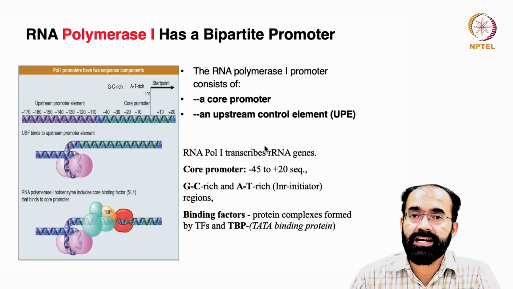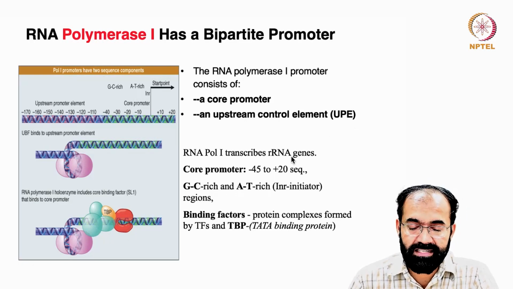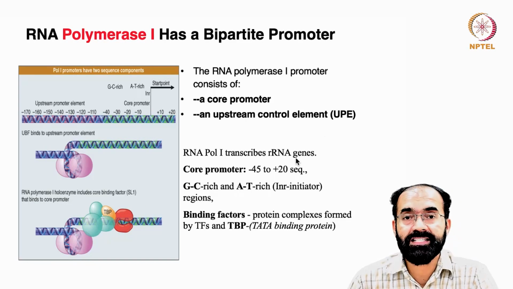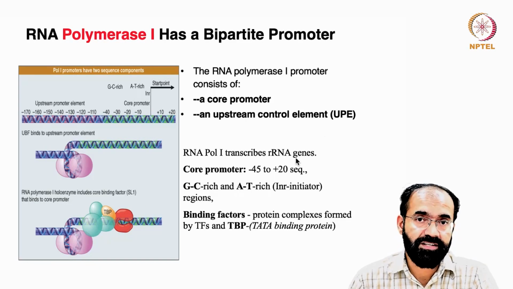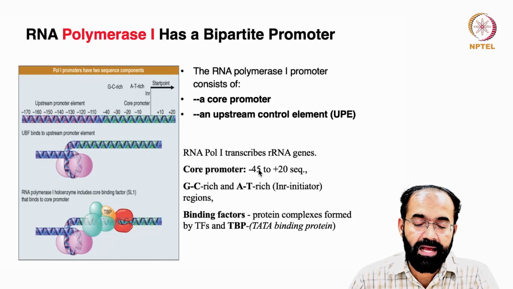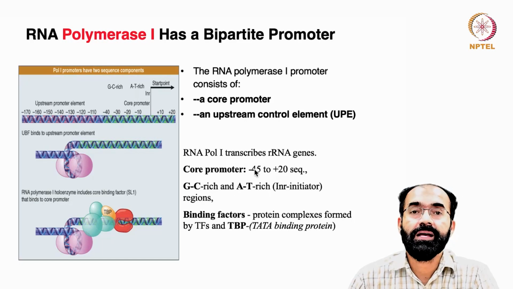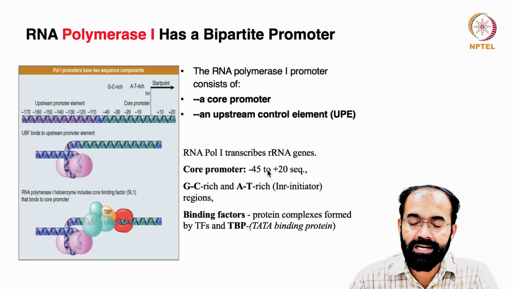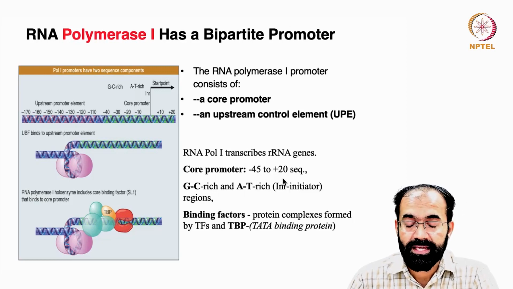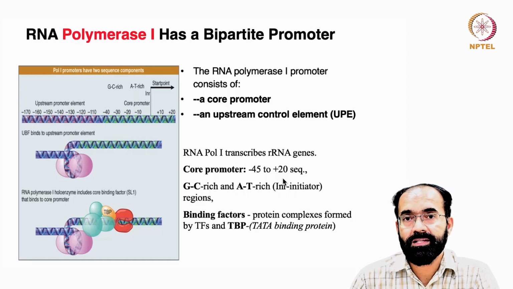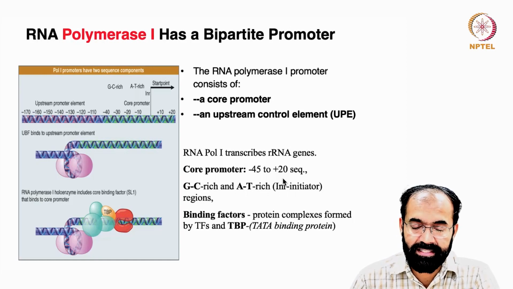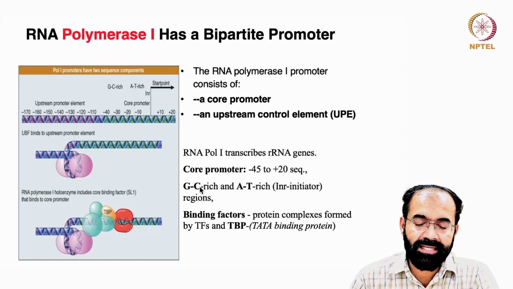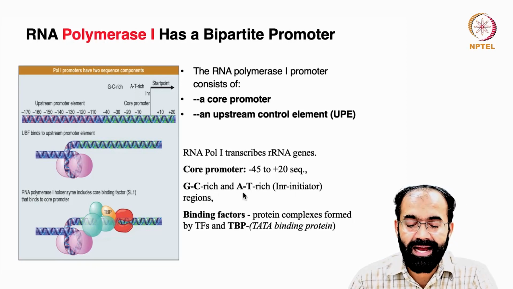RNA polymerase 1 transcribes ribosomal RNA genes except the 5S ribosomal RNA gene, and this core promoter consists of -45 till +20. So it is interesting to note that even after +1 the promoter region is expanding in the case of polymerase 1, and it has GC rich and AT rich regions.